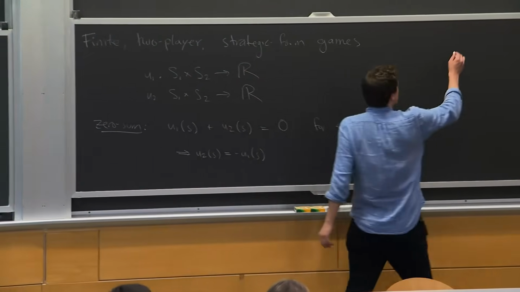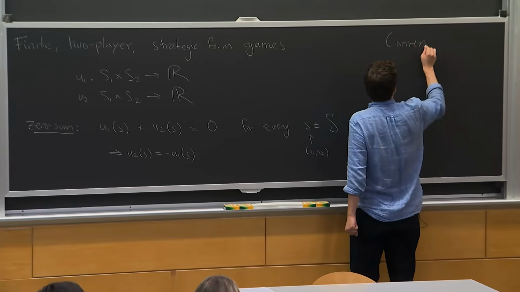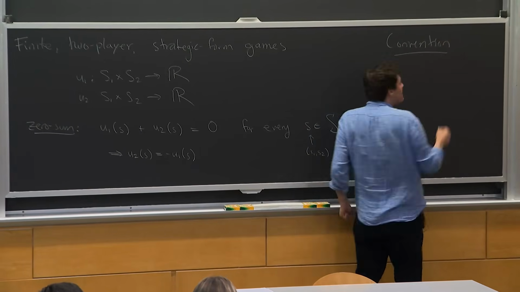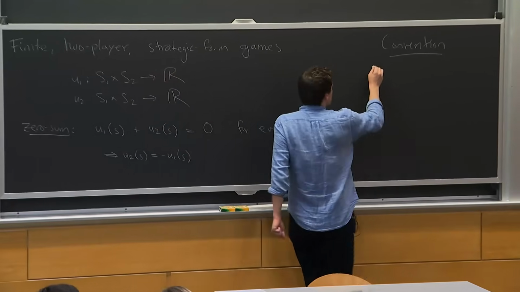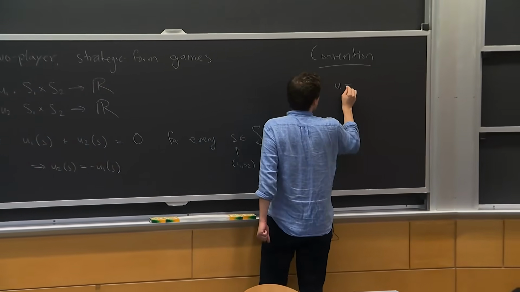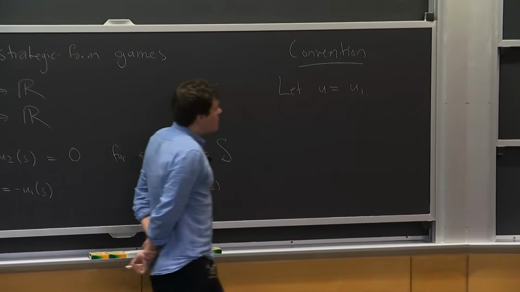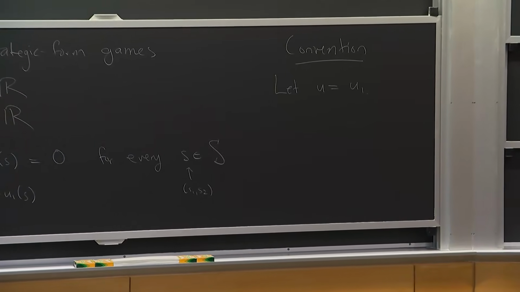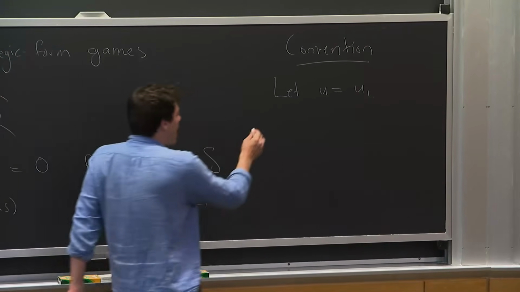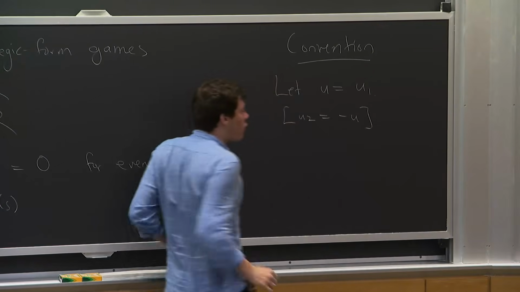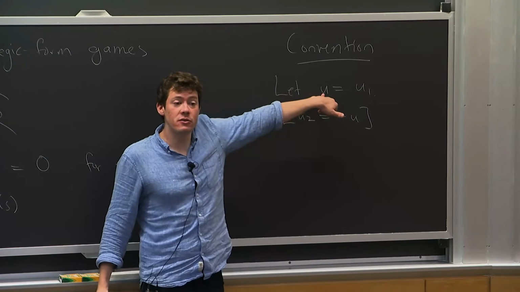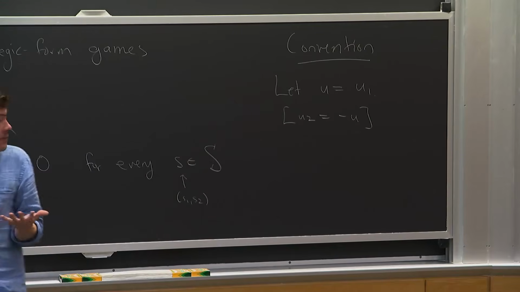So here's our convention for zero-sum games. We're basically only going to work with player 1's payoff. So let's let U equal U1. That's going to be player 1's payoff. And that means we have in mind that U2 is equal to negative U. But we're only going to keep track of this single function U. So we're going to focus on player 1.